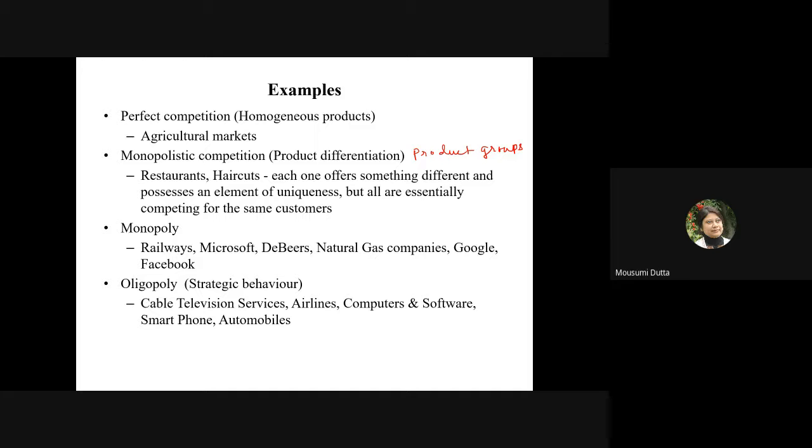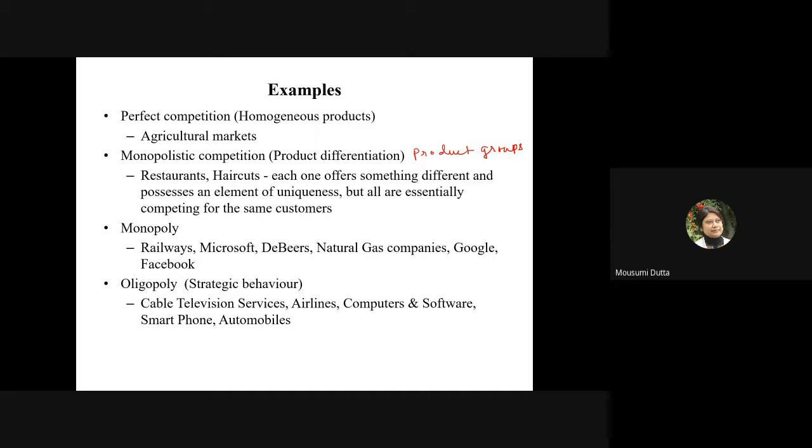Actually, when we are talking about product differentiation, whether it is to some extent or to a very great extent, that is under question. If it is to a certain extent, in that case, it will belong to one particular group. However, if the texture and everything is really very, very different, in that case, the group is different.